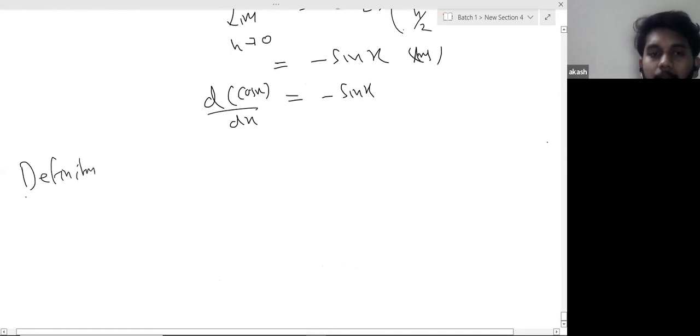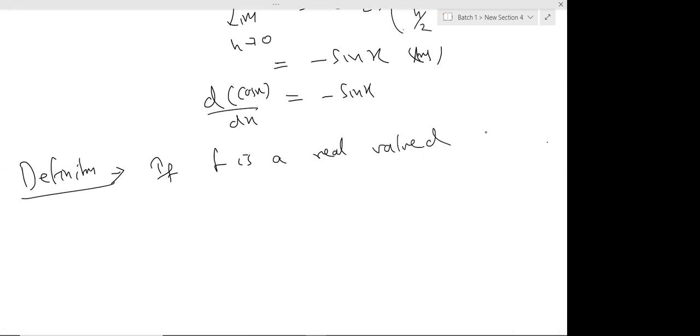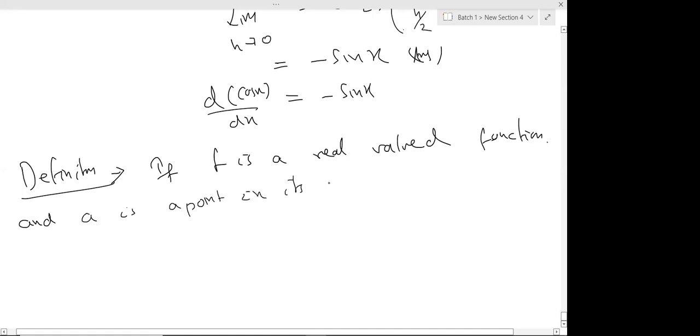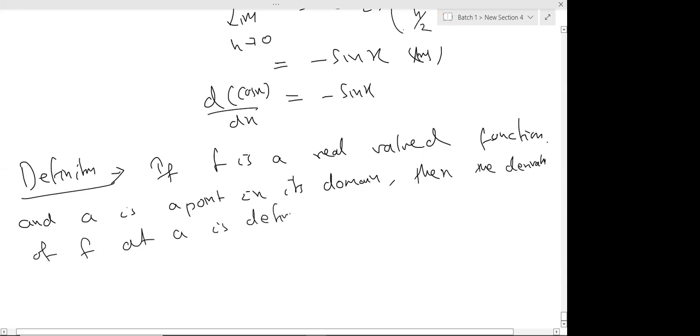This was the first definition, definition 2. If f is a real valued function and a is a point in its domain, then the derivative of f at a is defined by limit h tending to 0 of f of a plus h minus f of a upon h.